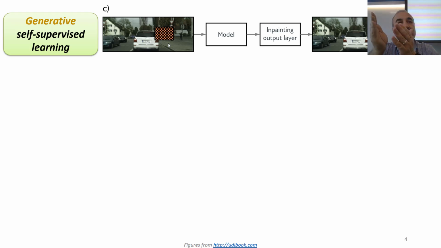Because I have the original image, and then train the model to predict that part. And of course, now I can evaluate the model because I know which part I removed, right? So I can generate this way lots of automatically labeled data and train the model on it, right?